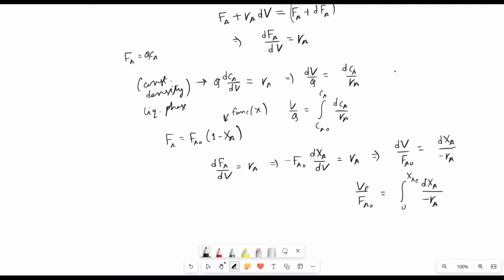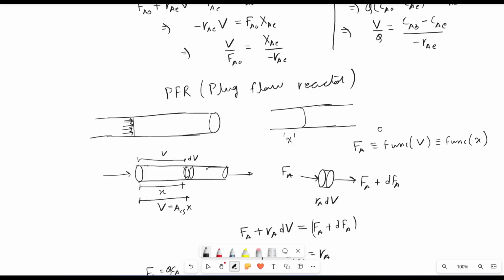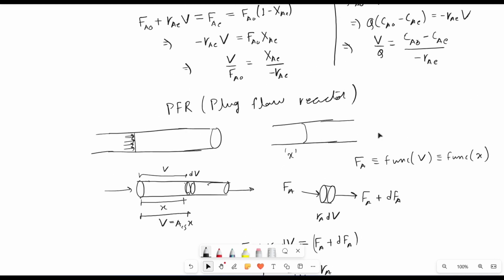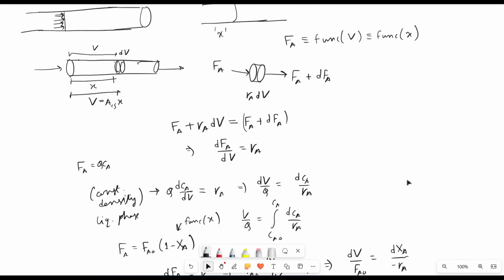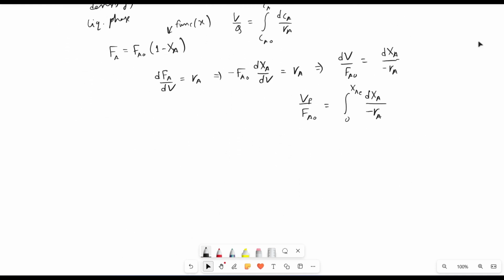Now let us compare this expression, the mixed flow expression and the plug flow expression. For mixed flow, V by FA naught is equal to XAE by minus RAE.